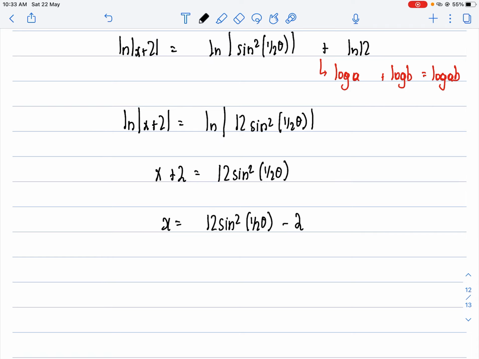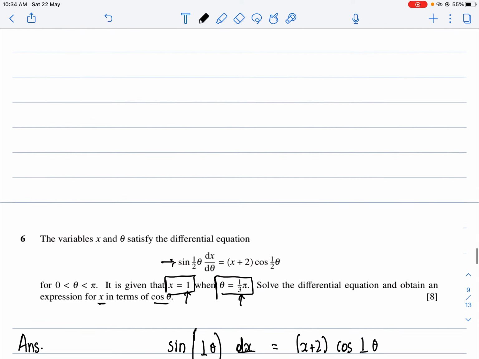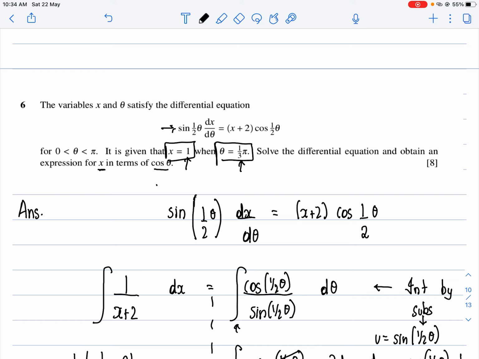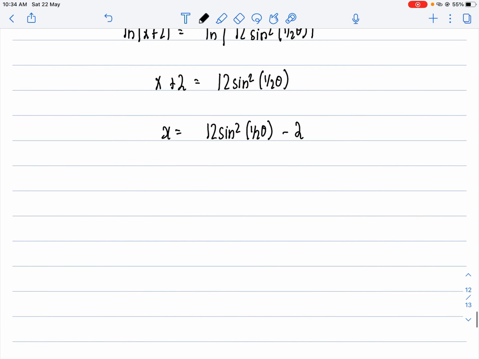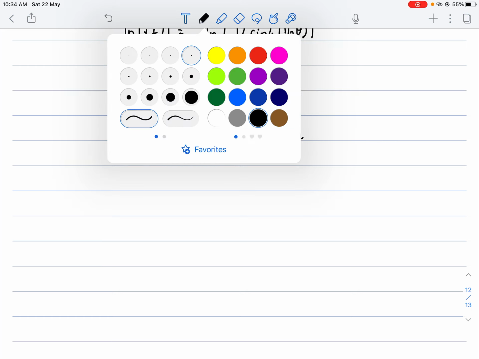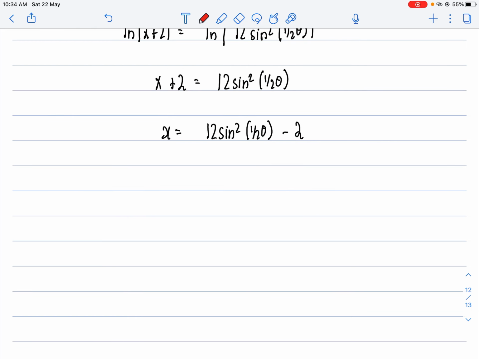But now I need x in terms of cos theta. So now you need to recall an important trig identity, which states that cos 2 theta is equal to 1 minus 2 sine square theta. So using this property, when this was 2, the coefficient here was 1, correct?